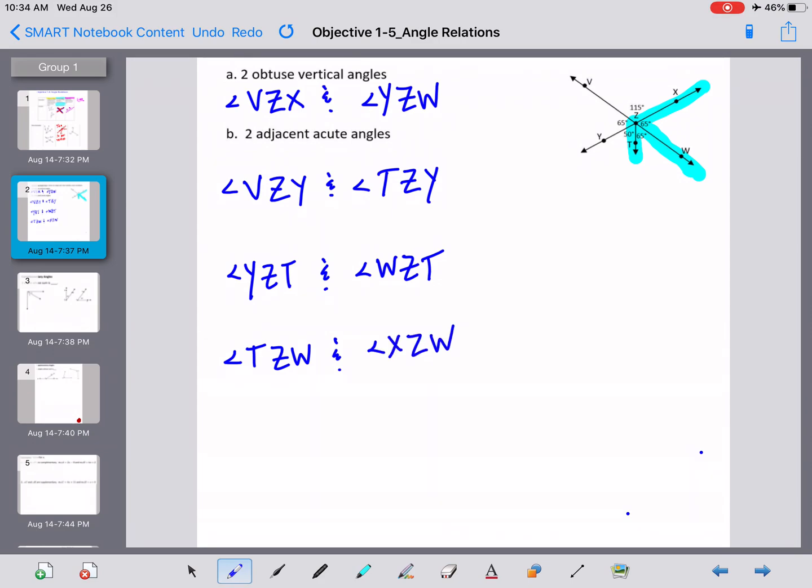All right, all three of those pairs, remember a pair has two in it, like a pair of socks, a pair of shoes. So there are three pairs of angles that are both acute and adjacent to each other.